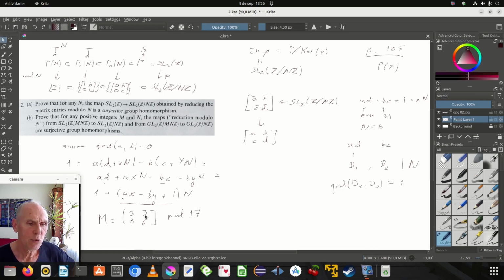But then I need to prove that adding multiples of n will actually result in some guy being, and that's where I need this thinking, but it's not quite clear how I can do it.